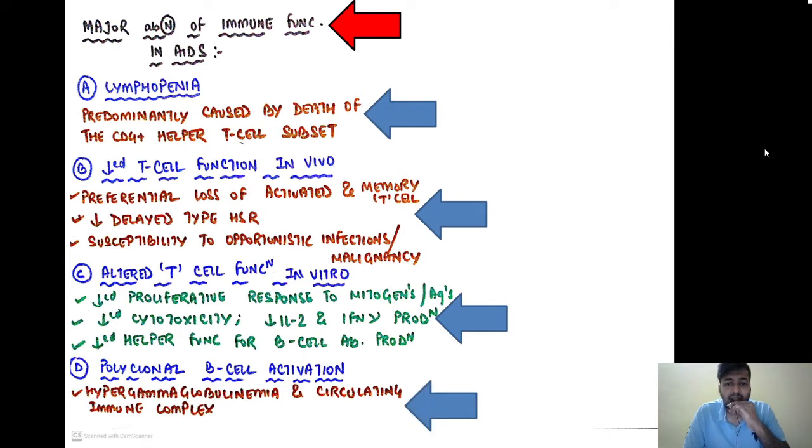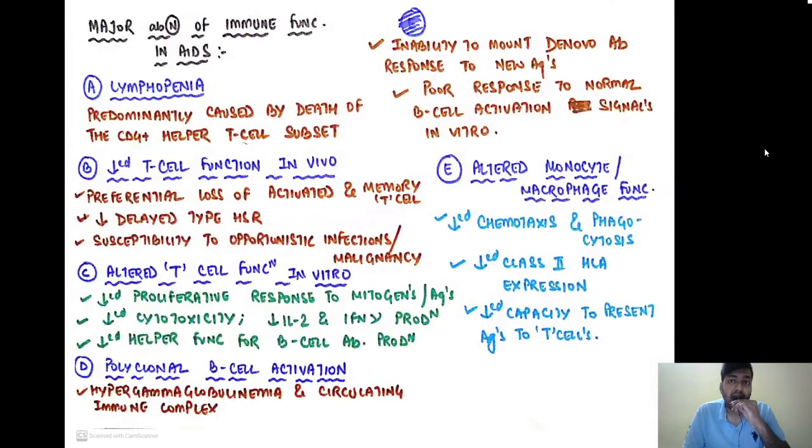Okay, now there is a polyclonal B cell activation, which is characterized by hypergammaglobulinemia and circulating immune complex. And although there is B cell activation and B cell proliferation, these B cells are not able to mount a new antibody response against a new antigen. So there is poor response to normal B cell activation signals in vitro. So the B cell function is also altered in spite of polyclonal activation of B cells.